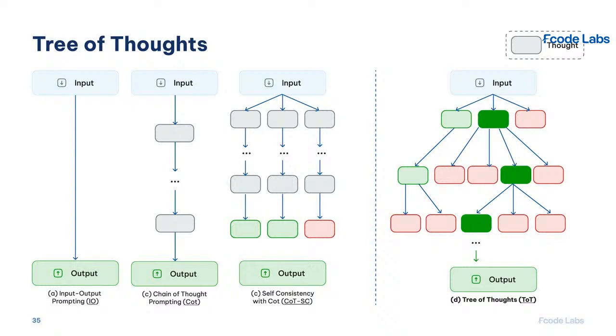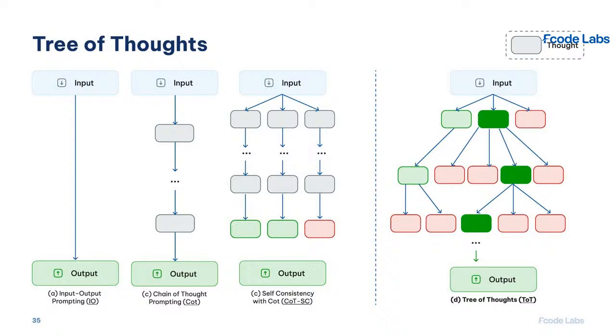But instead, what we do here is we tell the LLM, I need the answer to this query, but you have to do that in a step-by-step manner. Just give me the result for the first step only. Don't give the result for other steps. We can run a prompt like that and generate the result for the first step. We can do that multiple times and pick the best step.